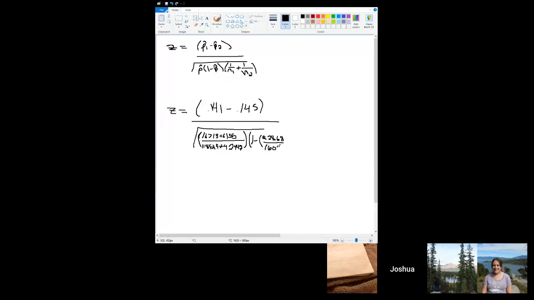Ooh, we gotta hurry. 966 times 1 over 18519 plus 1 over 2447. All right, so if your equation looks like that, then you're good.